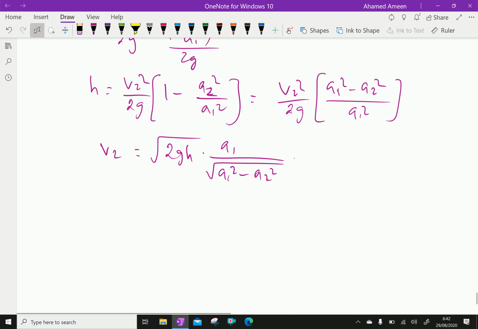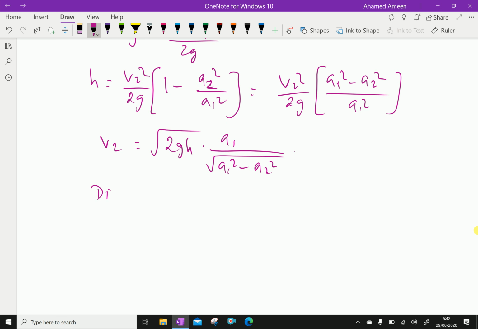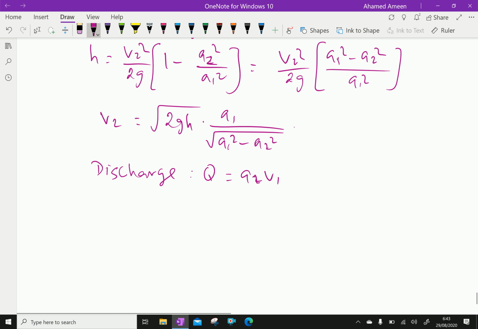Now the discharge through the Venturimeter is Q, and the formula is A2 V2, or A1 V1. We are keeping A2 V2, therefore discharge Q equals A2 and V2.